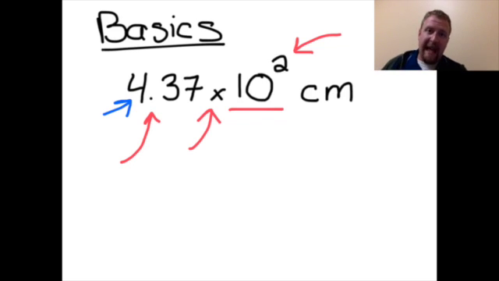That is the key part of scientific notation. And that is the part that oftentimes confuses people: when you have a decimal, how do you write it in scientific notation? Or if you have something in scientific notation, how do I write it as a decimal? That's the part that I want to focus in on today.